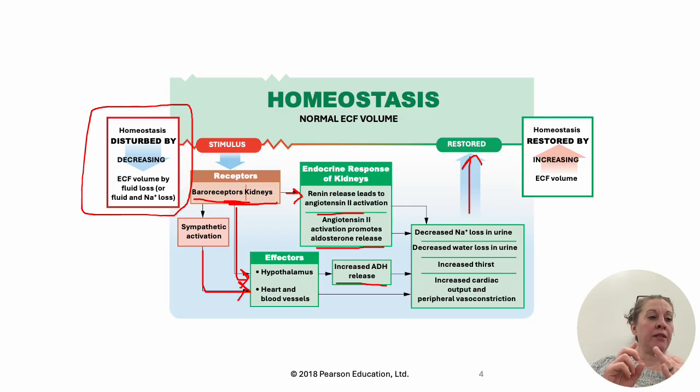Okay, and hypernatremia usually occurs with dehydration, and that would be when sodium concentrations go above 145 milliequivalents per liter. So that would be hypernatremia. And then hyponatremia is when you've had too much water and you've actually diluted the sodium levels to the point where they're under 135 milliequivalents per liter.